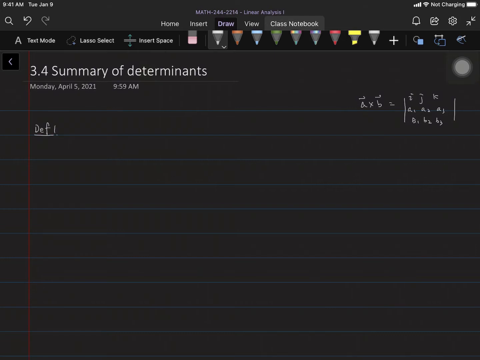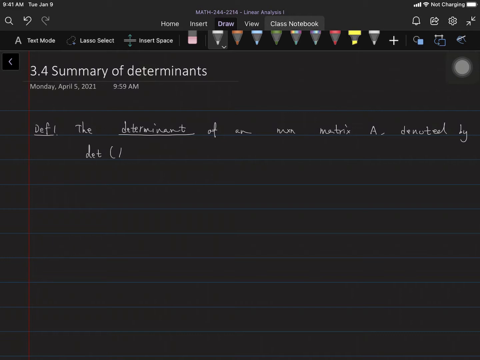Definition 1. The determinant of an n by n matrix A, denoted by det A. Let's take a look at notation. det, and parenthesis A. This means determinant.